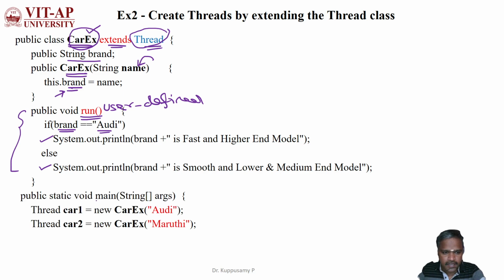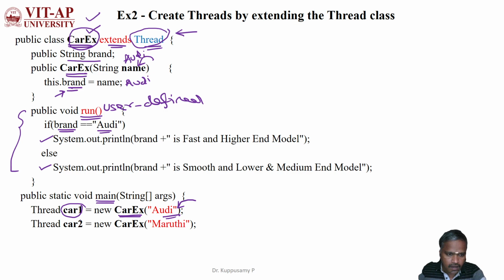Now inside the main method, I am creating the first thread car1 by using the user-defined class CarEx, which has access to the built-in class Thread, carrying the constructor argument rd. So rd is the name which is assigned to the brand.